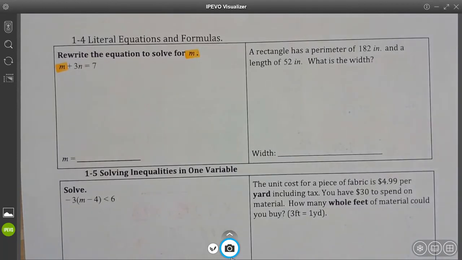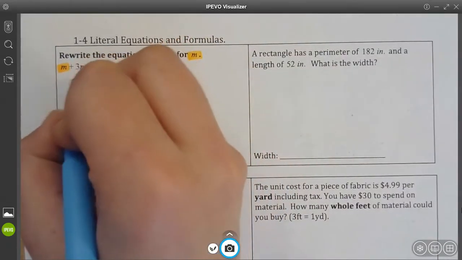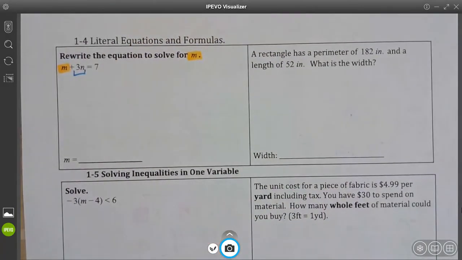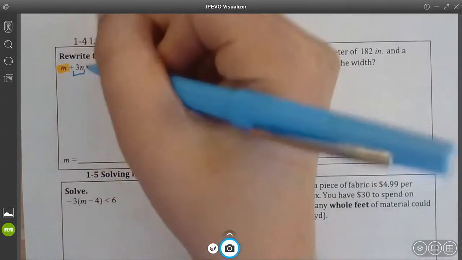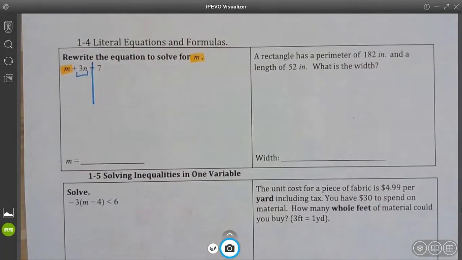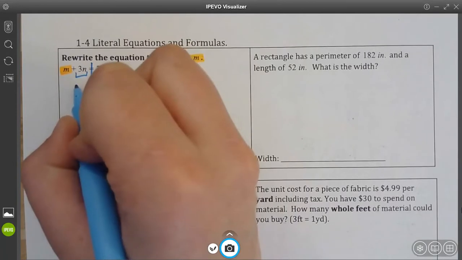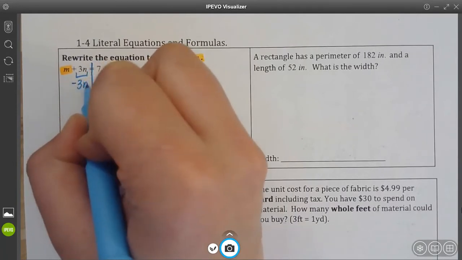And we're doing that the same way we would when we were solving for x in our last problems. But this time, instead of just moving numbers over, we're going to group together this 3 and n. It's on the same side of my equal sign right now, so I need to move it over to the other side. The opposite of adding 3n is going to be to subtract 3n.